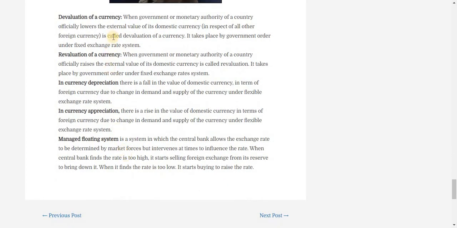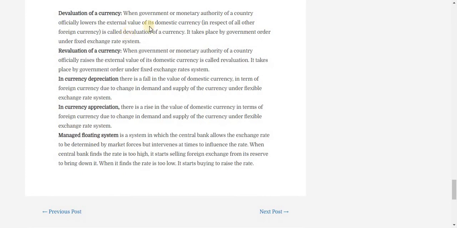Devaluation of a currency. When the government or monetary authority of a country officially lowers the external value of its domestic currency in respect of all other foreign currencies, it is called devaluation of a currency.